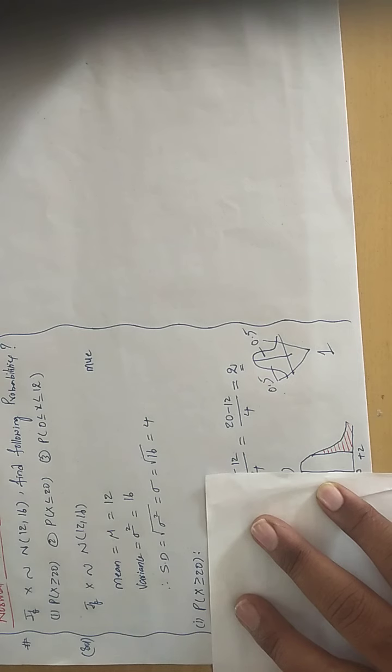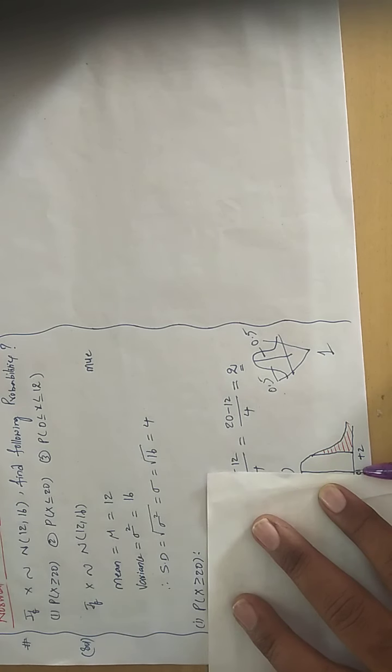We know the entire half area, and we subtract only this area's probability from the tables. Then we are absolutely getting the required answer. Getting my point? From where do you get this 0 to 2 probability? From the tables. Unless you understand this logic, you cannot do normal distribution problems.